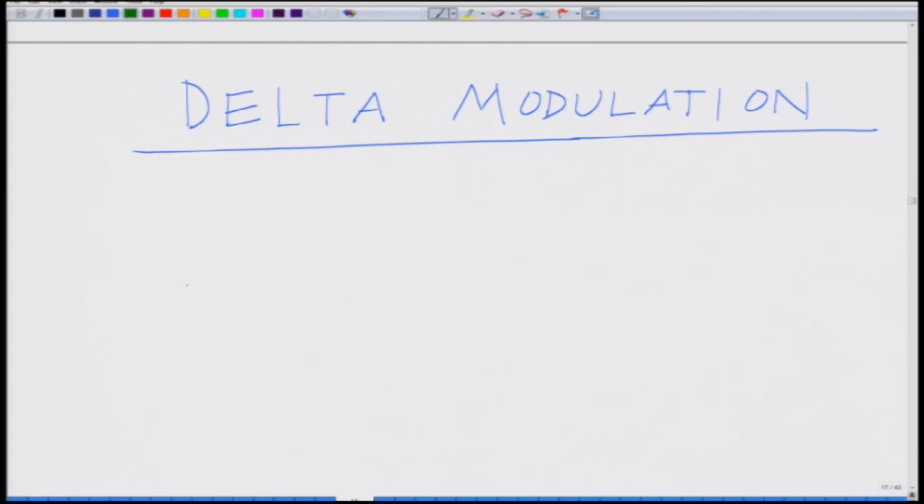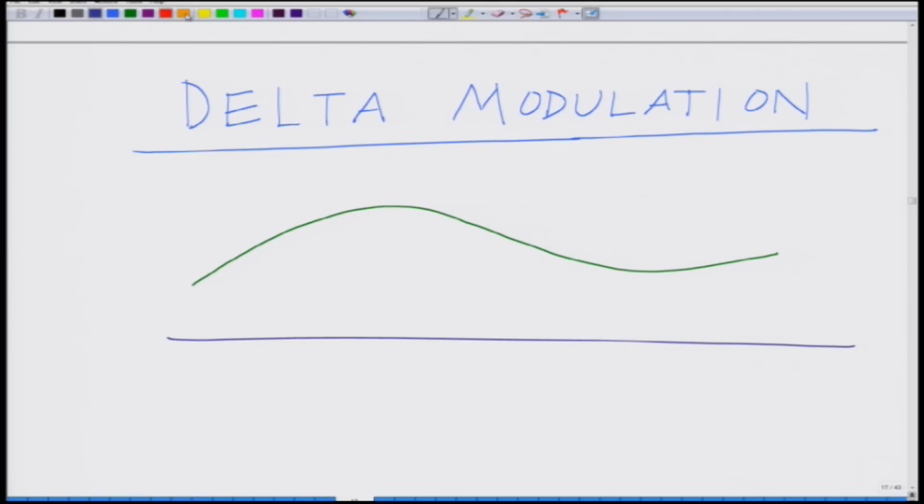So, what we have is a continuous message signal, and in delta modulation, if I have to explain it intuitively, we build a staircase approximation to this continuous message signal. So, we try to express it as a staircase kind of approximation.